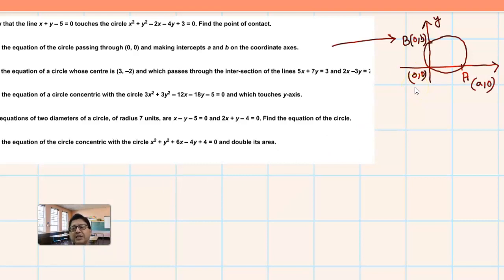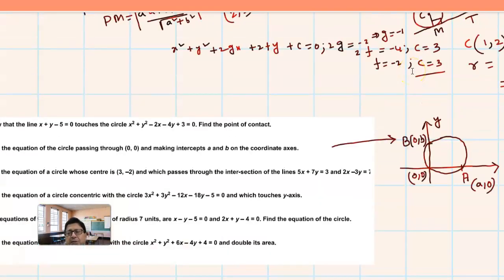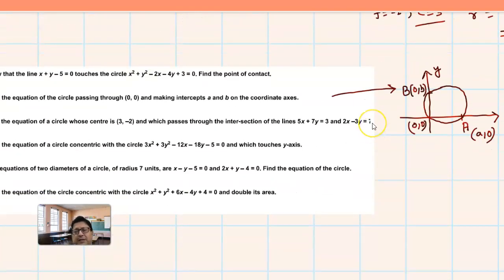So you start with the general equation of a circle, which is x square plus y square. Let the circle be x square plus y square plus 2gx plus 2fy plus c equal to 0.